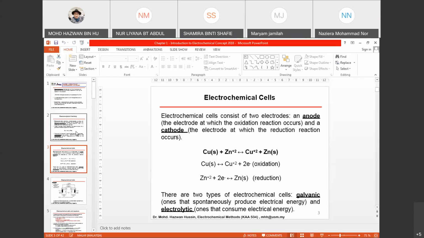Okay, so does anyone want to add on? Or have some things that you want to share about galvanic and electrolytic? Anything that you want to share? Probably I can ask, what will be the examples of electrolytic cell, for the production of what?